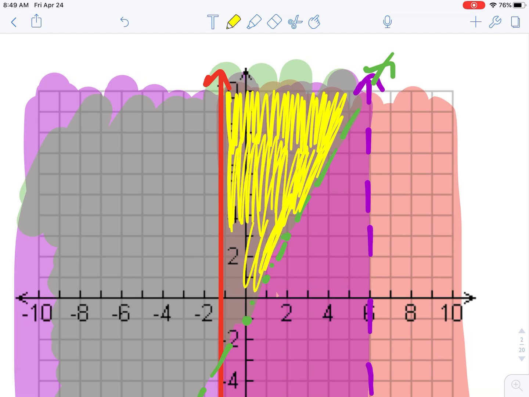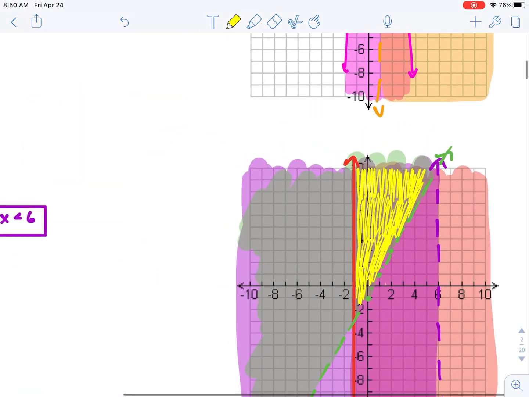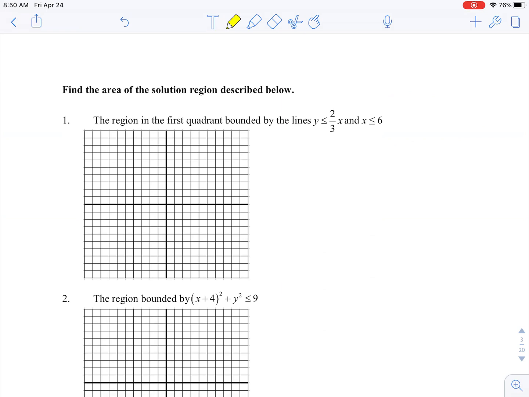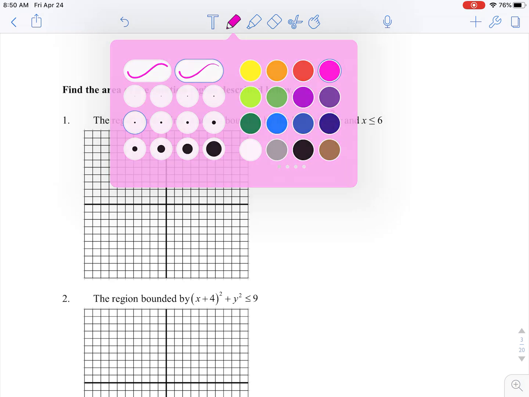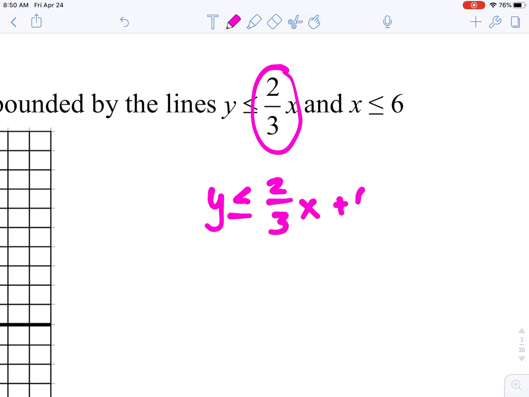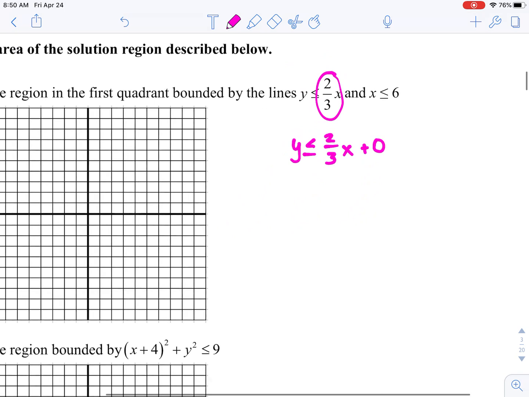Now the next part of our lesson is a very similar idea. You're going to be graphing, but then they're going to ask you to find the area of these shapes. So this first one, we have two lines, and it's going to be bounded in the first quadrant. This is y equals mx plus b. Notice that it has no y-intercept, and that means our y-intercept is 0.